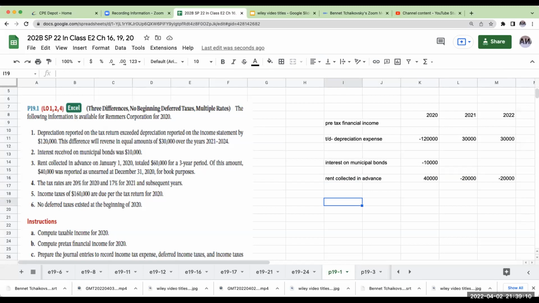Now, why this question is messed up is because it says over here, income taxes of $160,000 are due per the tax return for 2020.